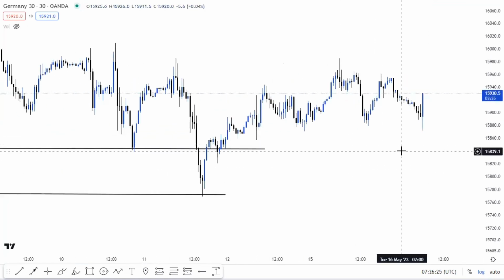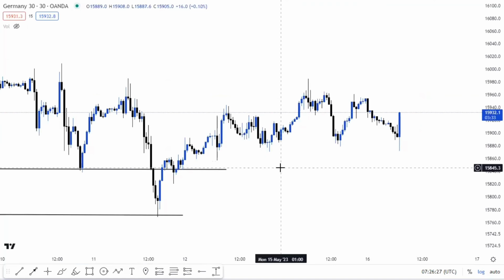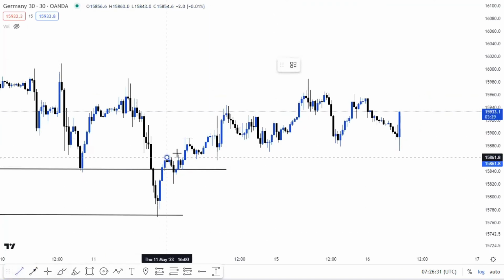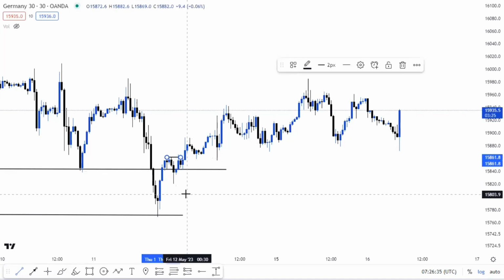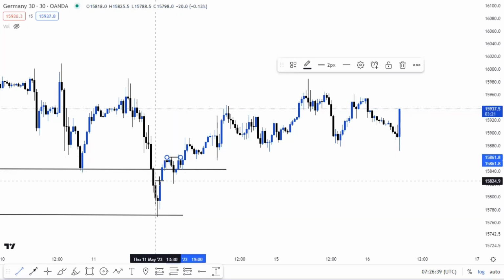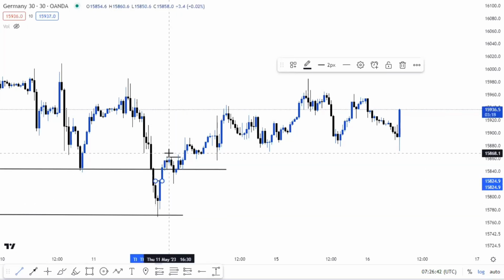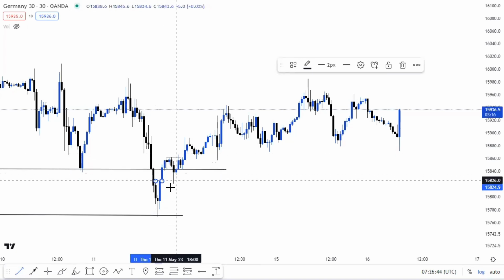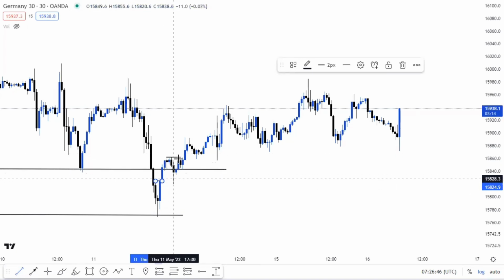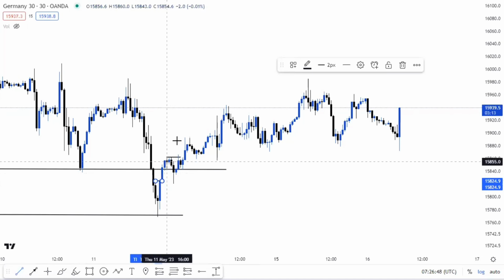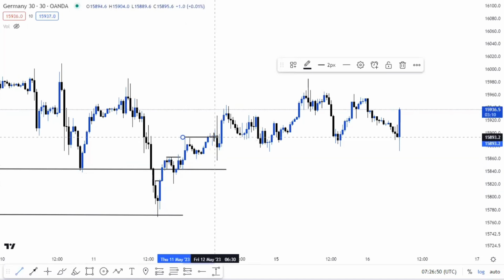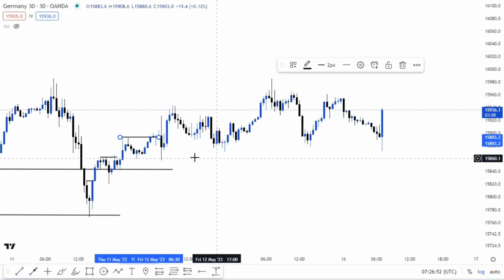Looking at the 30 minutes time frame, we have this first break of market structure, because we have already broken this high and created a new high, then returned back to that area, and then we broke this area, and then we have another break of market structure, which is this.